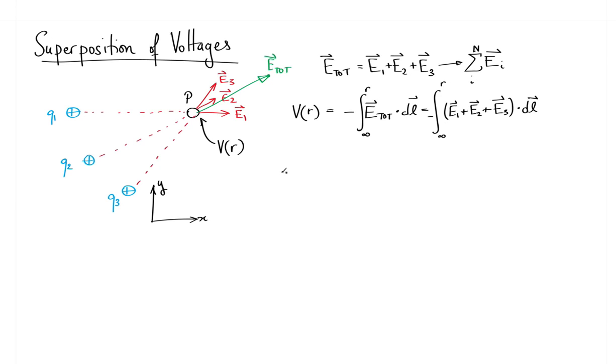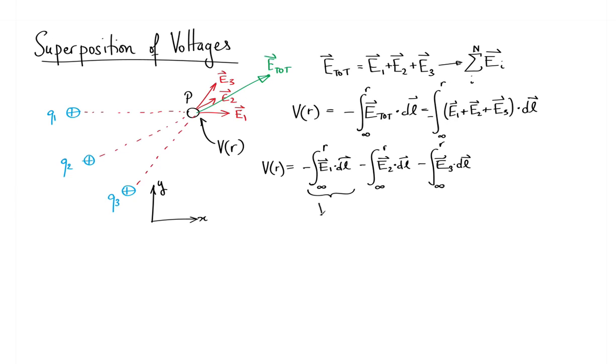All right. So we know that if we have an integral of a dot product, we can still write it like minus the integral of E1 dot dl, again from infinity to R, minus E2 dot dl, minus E3 dot dl, which gives V sub R. Right, so we've now broken these up so that actually, E1 doesn't know about the other charges.